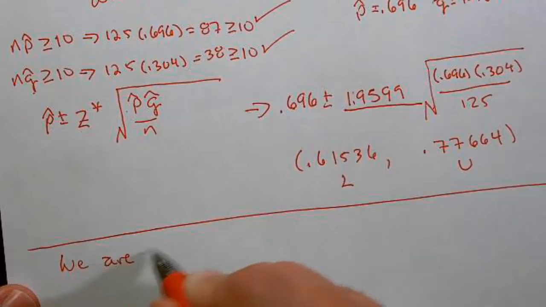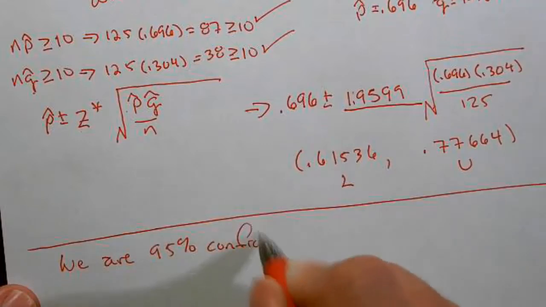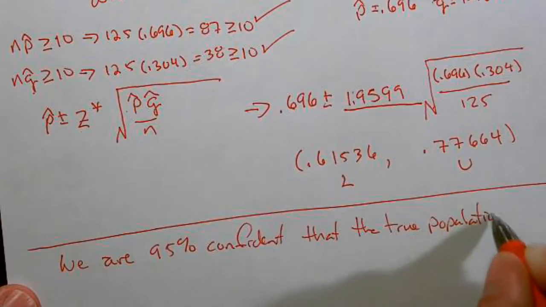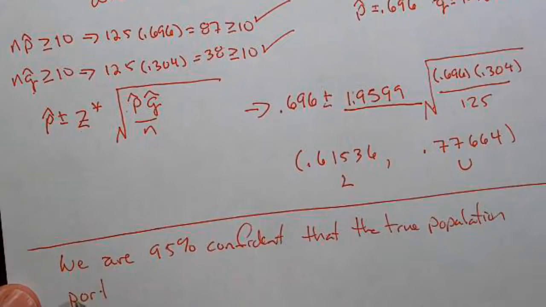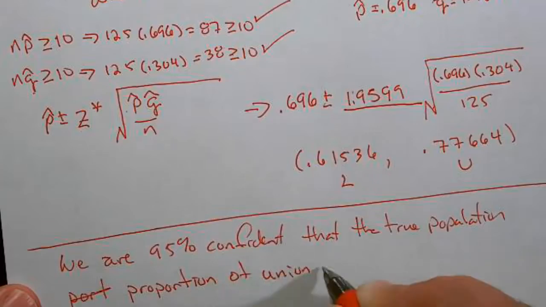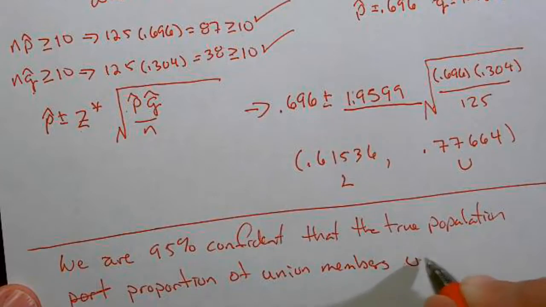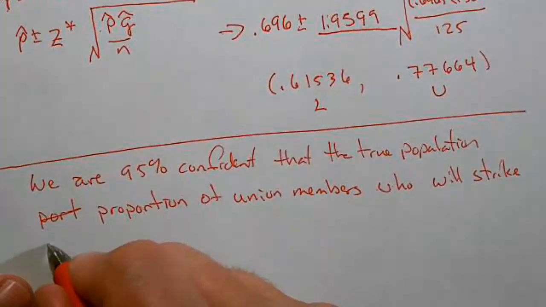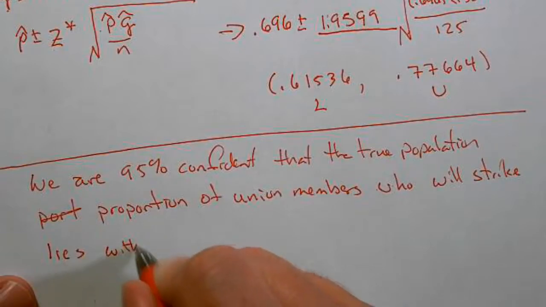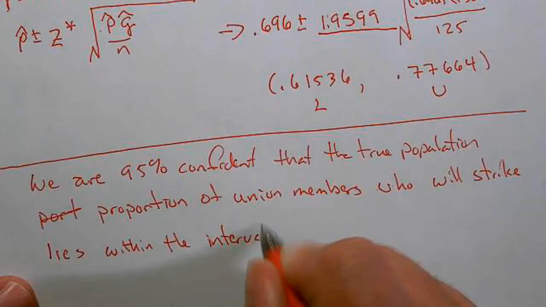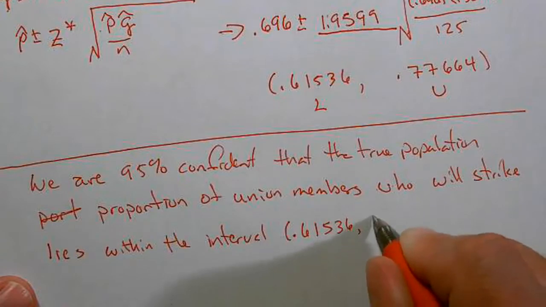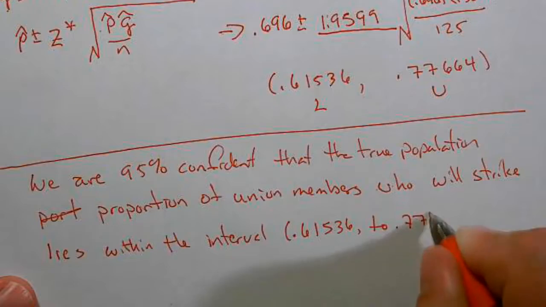We are 95% confident that the true population proportion of union members who will strike lies within the interval 0.61536 to 0.77664.